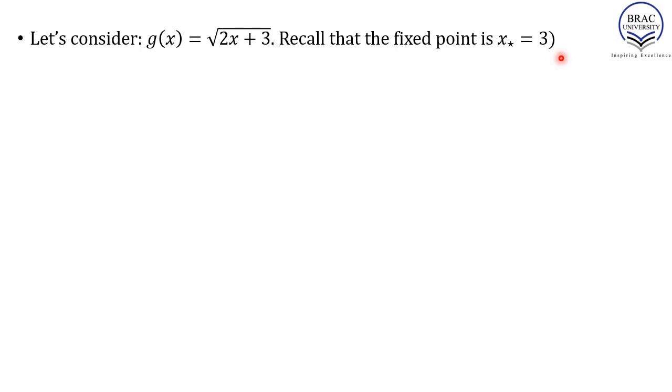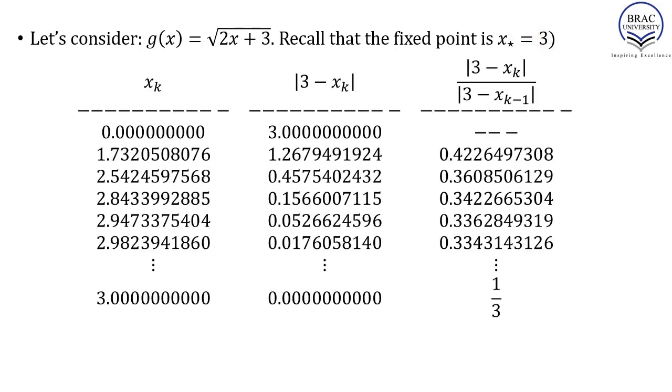So let's see what happens here. We do the analysis again. So we copy the result from the text here to explain here. So xk is the value after a certain iteration, and that is the deviation from the fixed point. Number 3 is the x* here. So this second column is x* - xk, and the third column is the ratio.